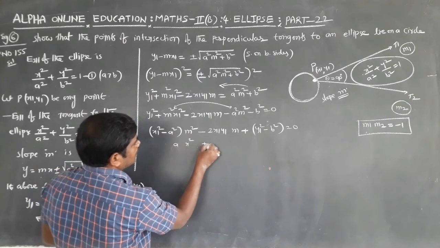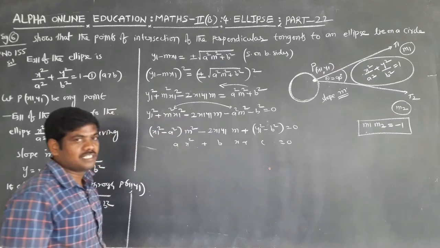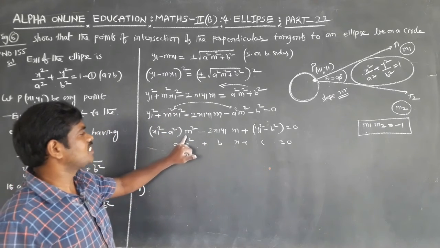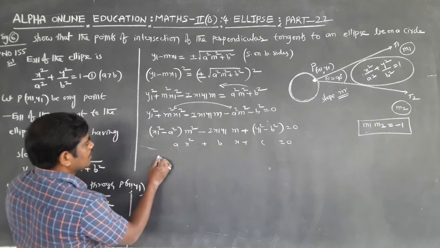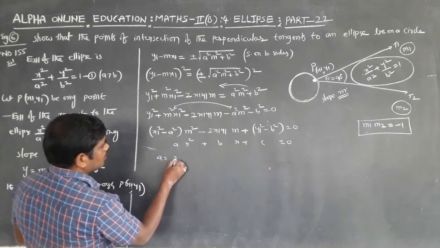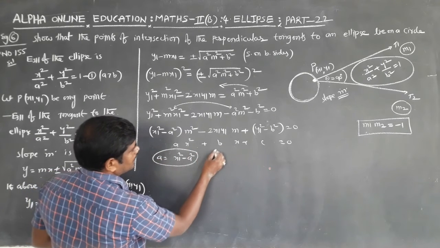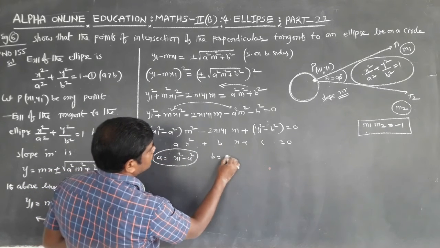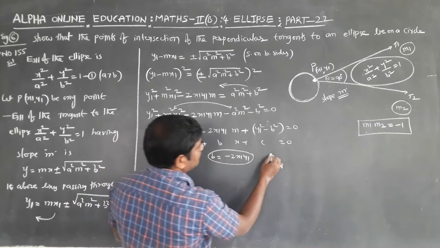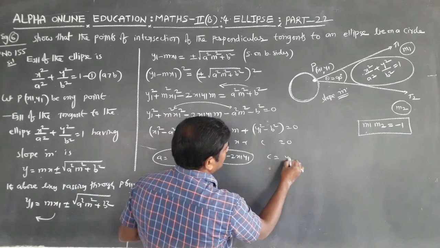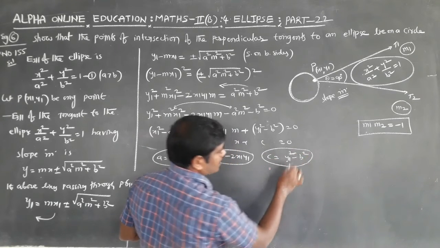It is of the form a x square plus b x plus c equal to 0. So this is a quadratic equation in m. Here a is equal to x1 square minus a square, b is equal to minus 2x1 y1, c is equal to y1 square minus b square.